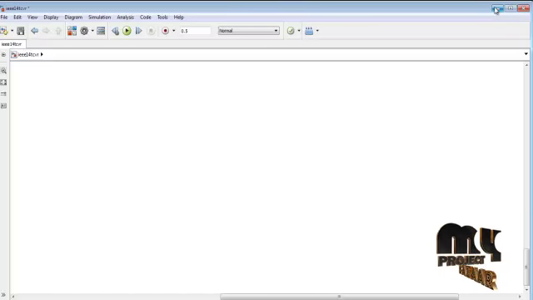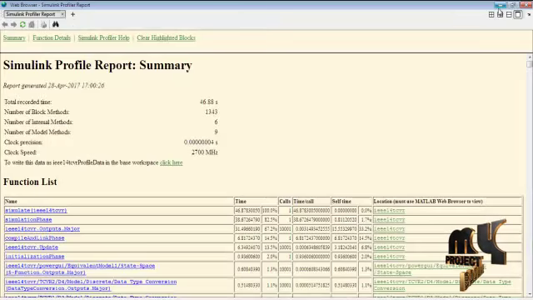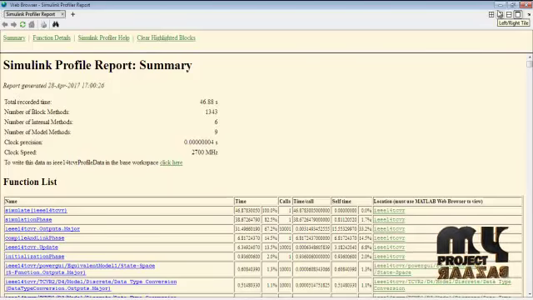When the simulation ends, we open the scope and the corresponding output waveform is shown. Then this is the Simulink profile report summary, where we see the clock speed, the clock precision, the number of clock methods, and also the total recorded time and overall model methods.